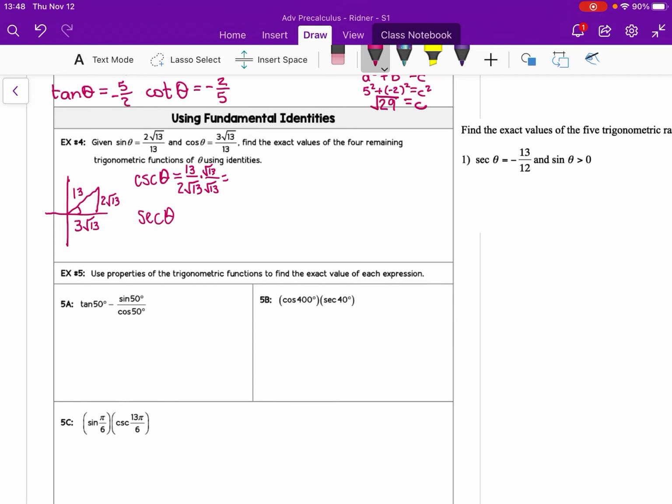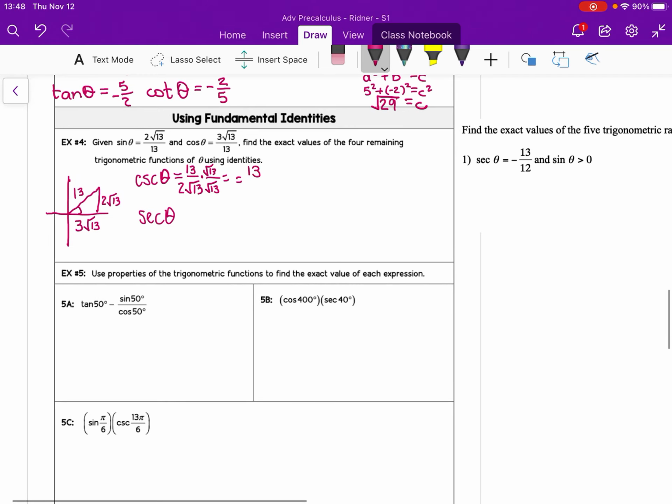Which means lots of math happening here. 13 square root of 13 over 2 times 13, which means the 13s would cancel, and I'm really just left with square root of 13 over 2.